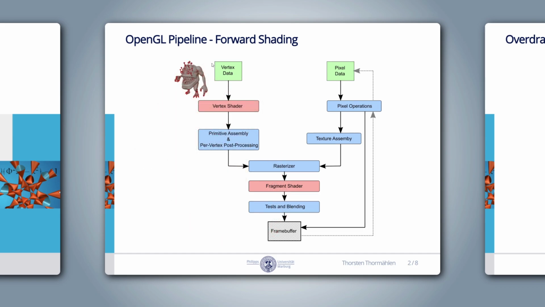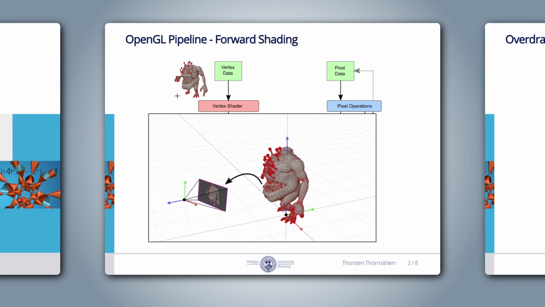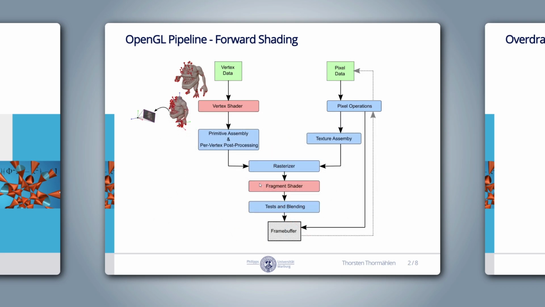The first stage of the OpenGL pipeline is the vertex shader, which is called in parallel for each input vertex of the mesh. In the vertex shader, we transform the vertices and per vertex surface normals of the mesh into the camera coordinate system. From the camera coordinate system, we project the vertices into the camera image, as discussed in detail in episode number 2 and 3 of Shaders Monthly.